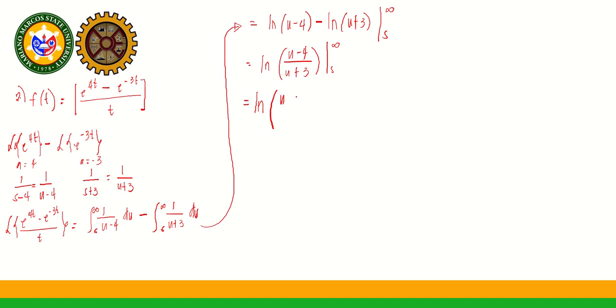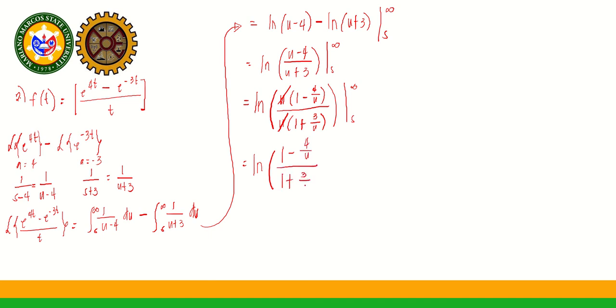So this will be equal to u times 1 minus 4 over u over u times 1 plus 3 over u. Of course, limits from s to infinity. Okay, so we can cancel this. So we will be left with ln of 1 minus 4 over u over 1 plus 3 over u. Limits from s to infinity.